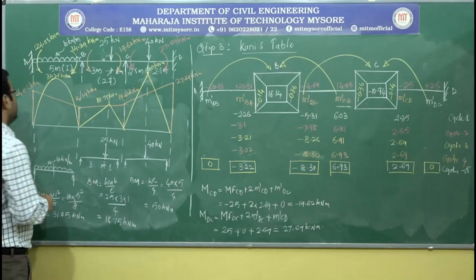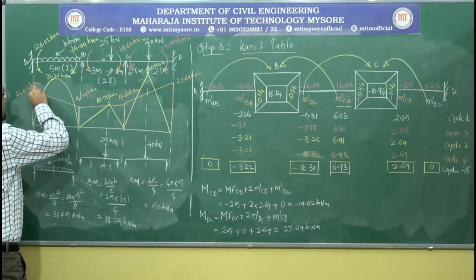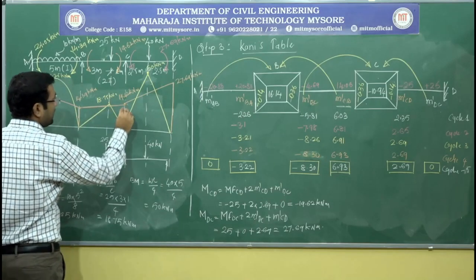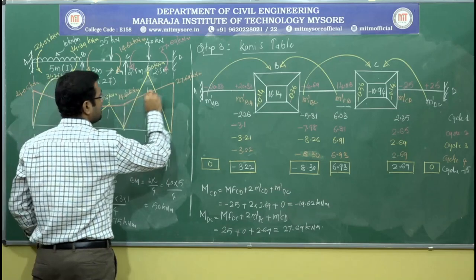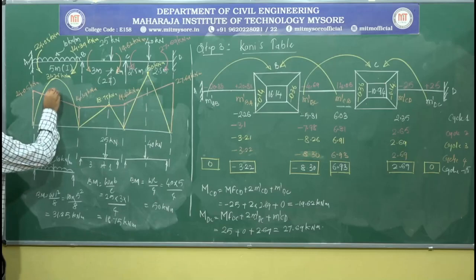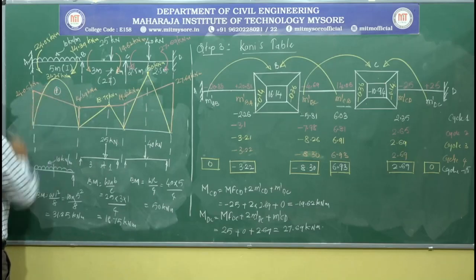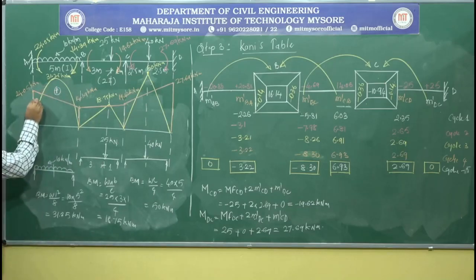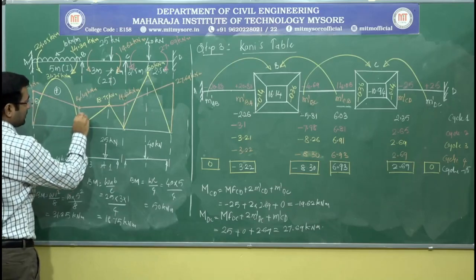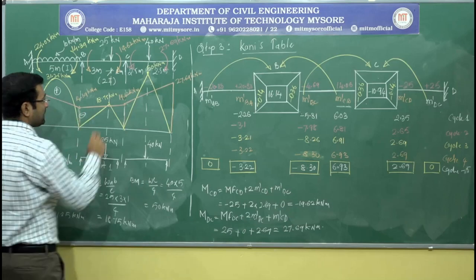So here what we do, we take this as the datum. Okay. So the bending moment diagram, above the line it will be positive, and below this we treat it as negative. So this also we treat it as negative.